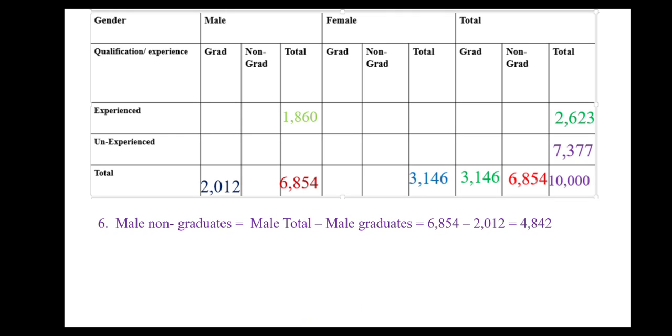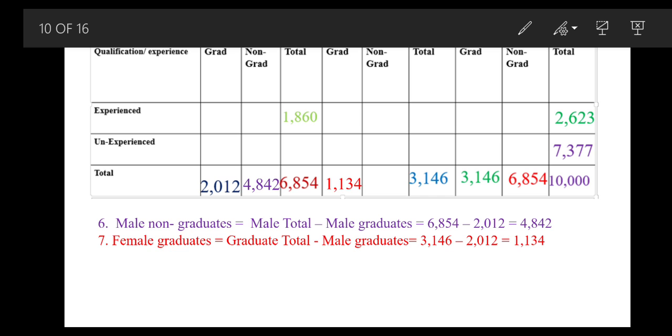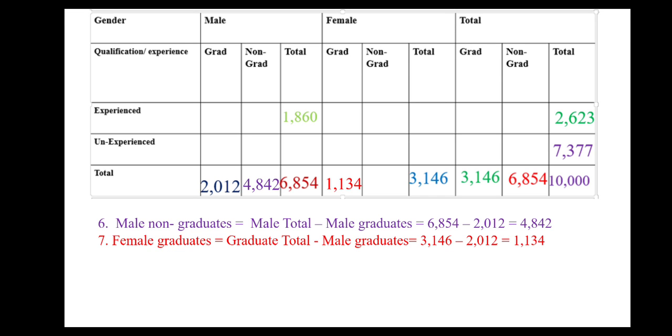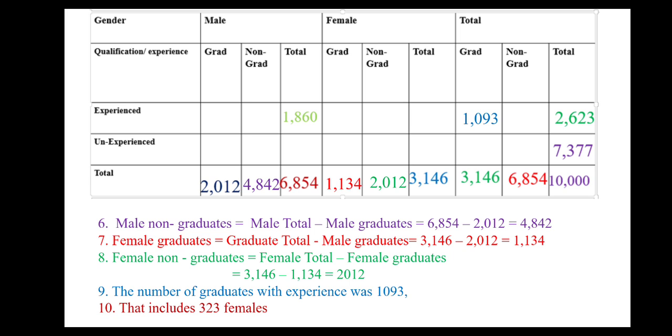Then some more information. Male non-graduate is male total minus male graduates, which gives 6842. Then female graduates is graduate total minus male graduates. Likewise, in each place we can fill values one by one. So female non-graduate equals female total minus female graduates. If any one piece of information is given, then you can find out the others. The number of graduates with experience is 1093, which includes 323 females.